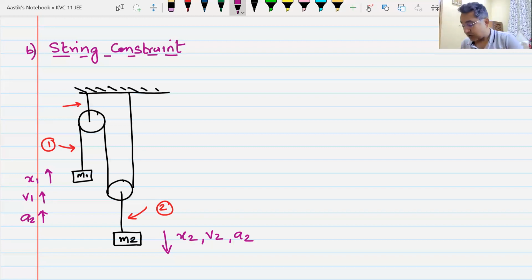So how are we going to do this? We are going to do it by a principle known as the virtual work principle.